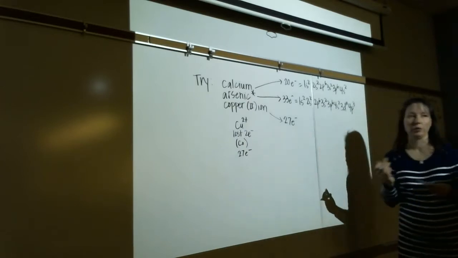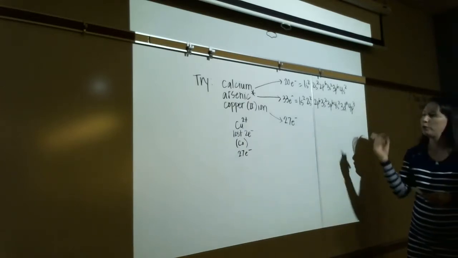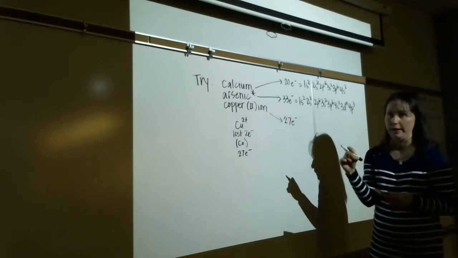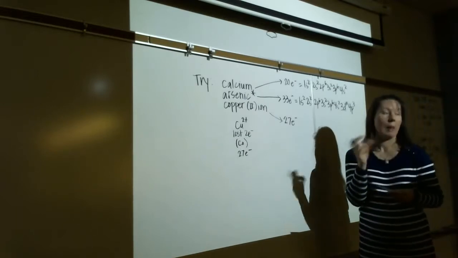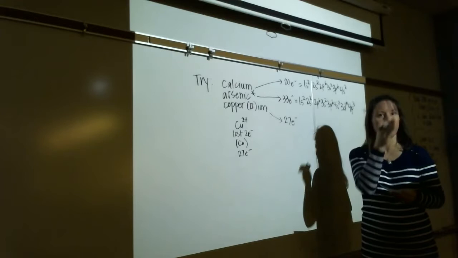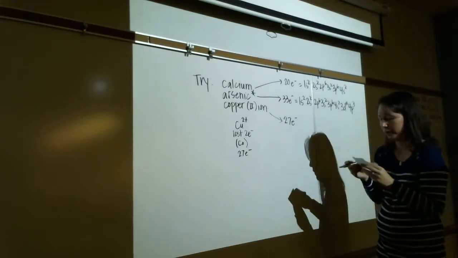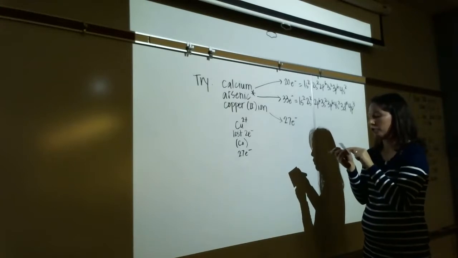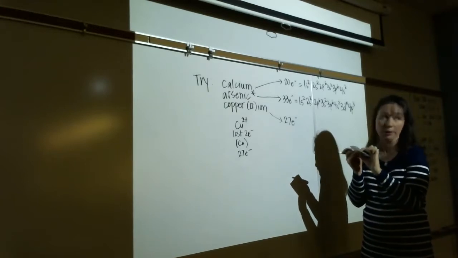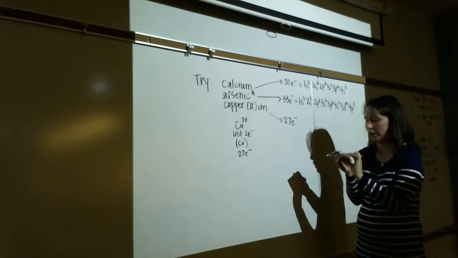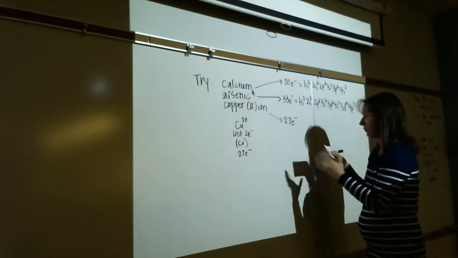Now, if you're using a diagonal rule, you just count till you get to 27, right? But if you're using the periodic table for a cation or an anion, you need to factor in, has it gained or has it lost electrons, and then subtract that from where you're counting to on the periodic table, right? Because if you count to copper, number 29, that would get you copper, the metal, not copper 2, the ion. We need to count till cobalt.